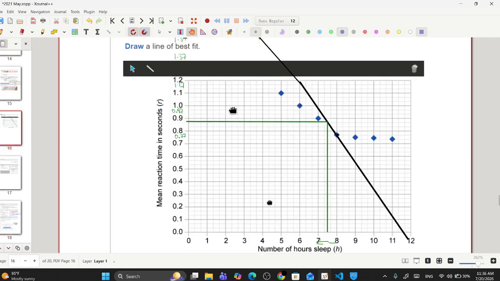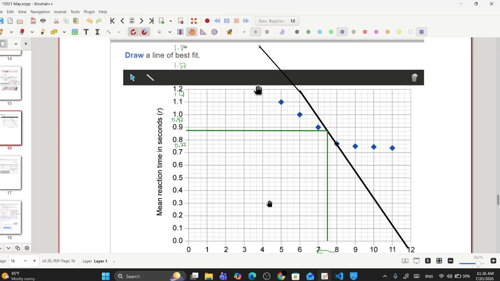Initially, when I made the line of best fit, we had to extremely extrapolate the graph to find the value of h equals 4, right? In order to find the reaction time at h equals 4, we had to make our line very long and do a lot of calculations, isn't it?